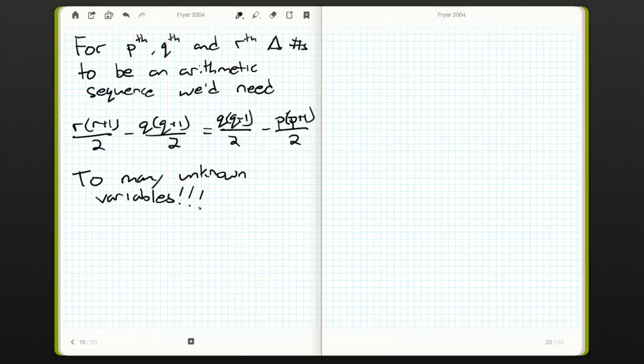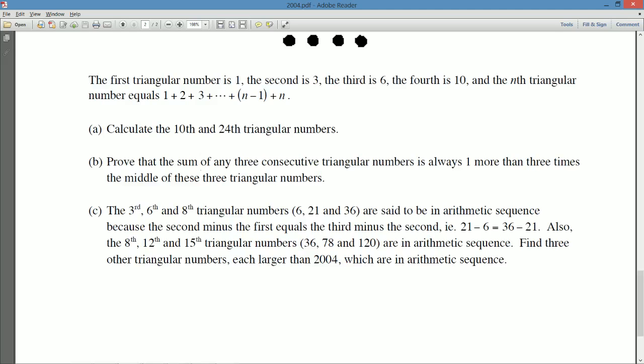Okay, how about we take a look at the numbers that we're given again. From these 2 examples, can we find a pattern? 3, 6, and 8, 8, 12, and 15. So that's a difference of 3 and a difference of 2. 6 minus 3 is 3, and maybe the triangular numbers themselves are an arithmetic sequence.